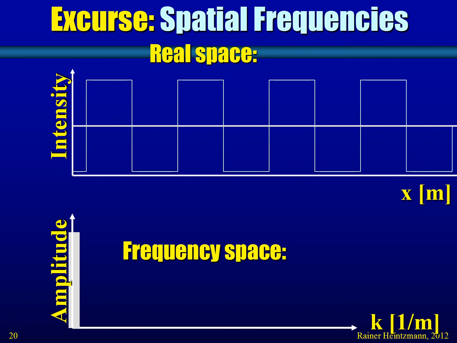So remember, the Fourier transform at 0 frequency corresponds to the mean value of your signal. Of course, depending on how you define Fourier transformations, there might be constant factors to it, but I'm just neglecting them right now.